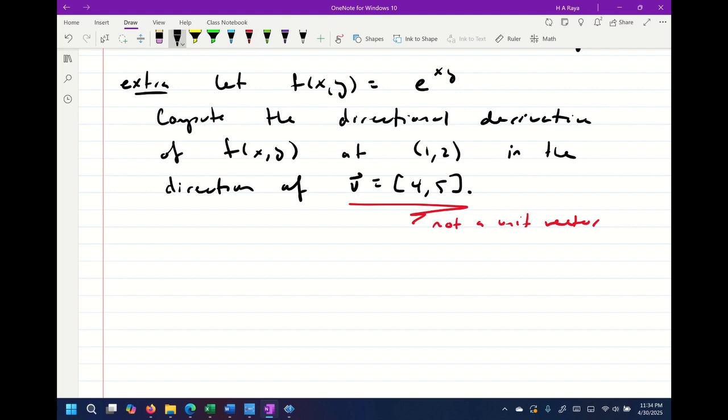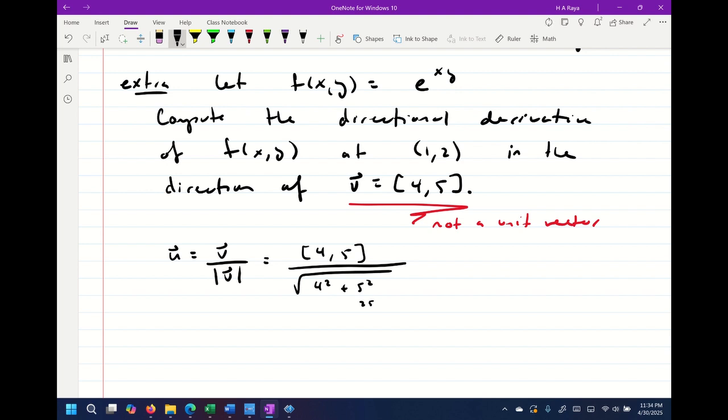So the first thing I should do is rewrite this vector to be a unit vector by using the technique that we covered above. So again, if you want to create a unit vector from v, you're going to take v and divide by its length. So we'll have 4, 5 divided by the length of v, and that's computed by the square root of 4 squared plus 5 squared.